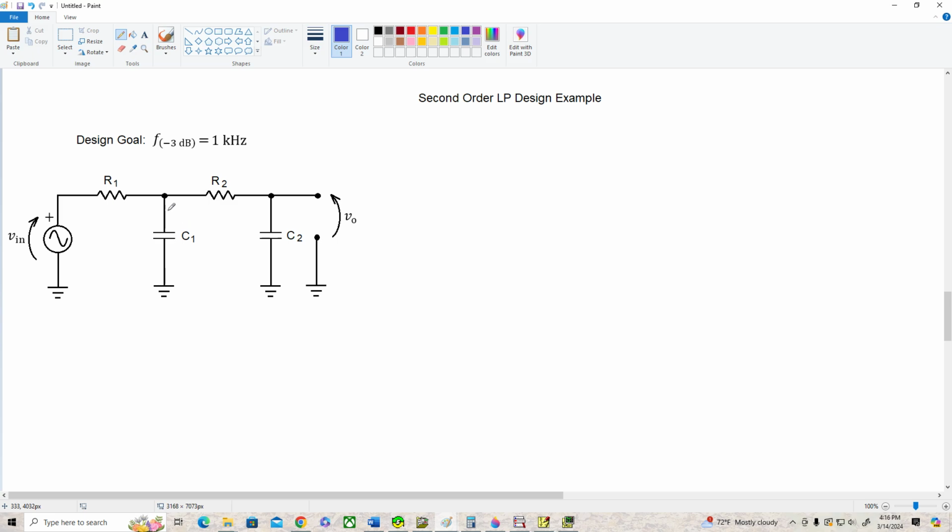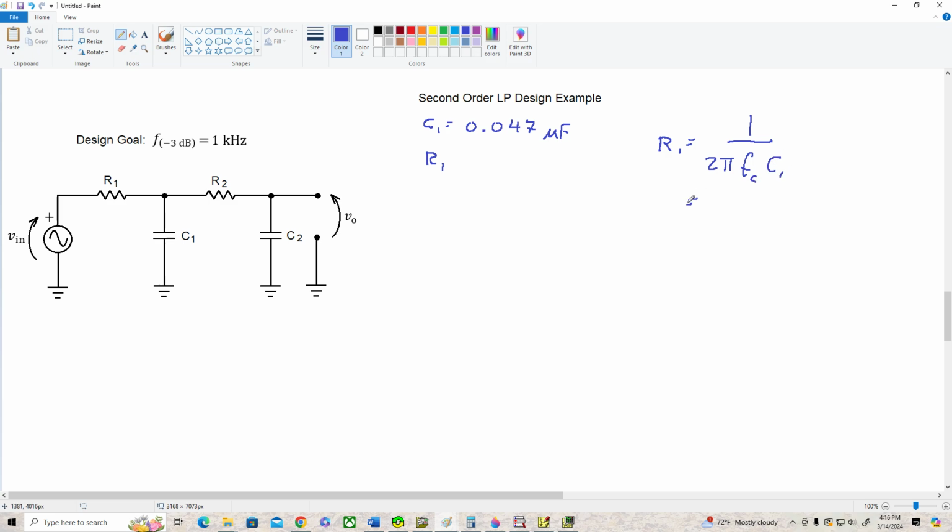All right, so I'm just kind of arbitrarily going to pick C1 equals 0.047 microfarads. And then we'll find R1 by solving the F sub C equation, which gives us R1 equals 1 over 2 pi F sub C times C1.